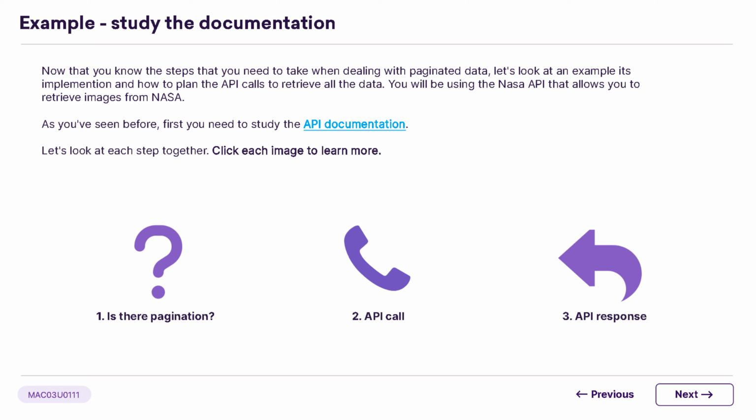When dealing with APIs, a crucial step is understanding how pagination works within your chosen API. Let's explore this concept using an example involving the NASA API, which allows you to retrieve a range of images. To start, it's essential to dive into the API documentation. First, you'll want to investigate whether pagination is required.